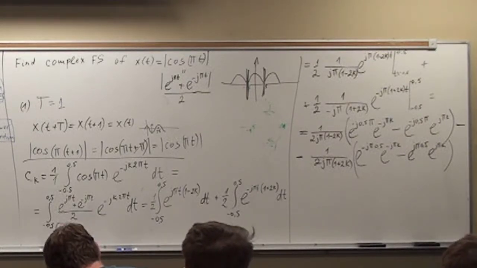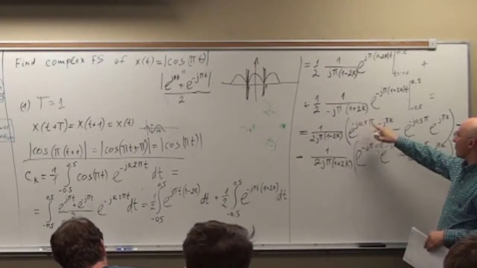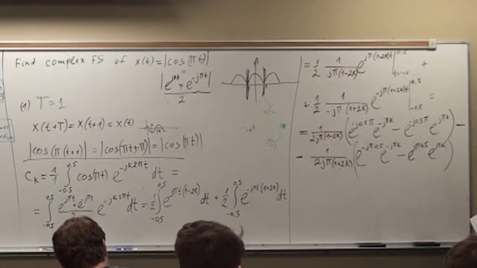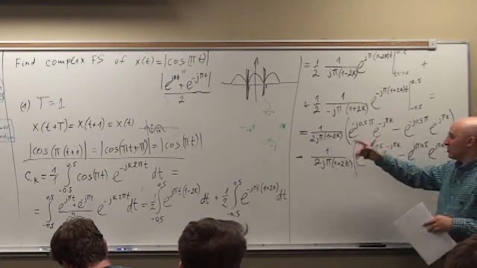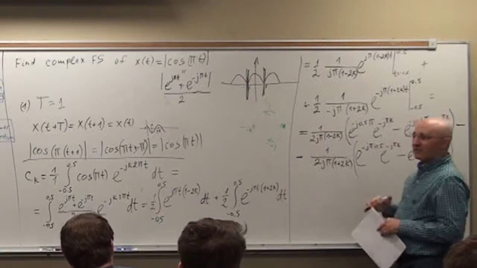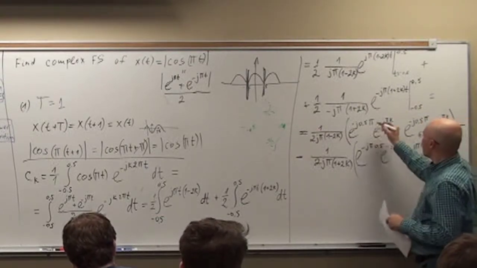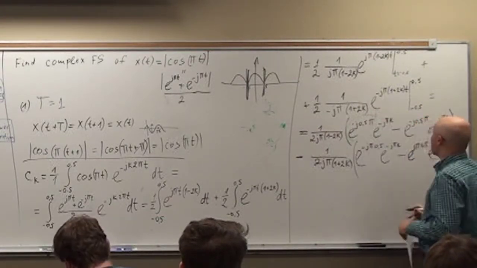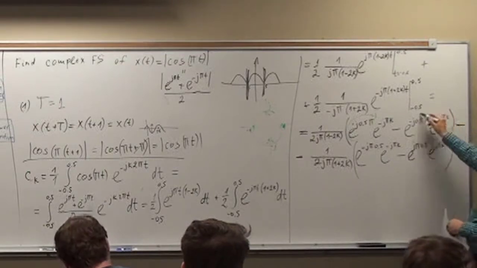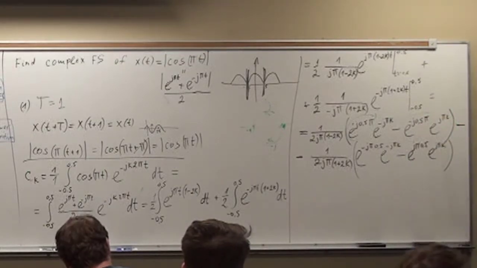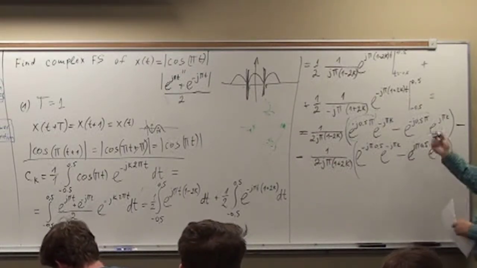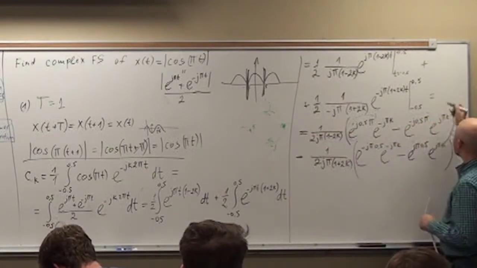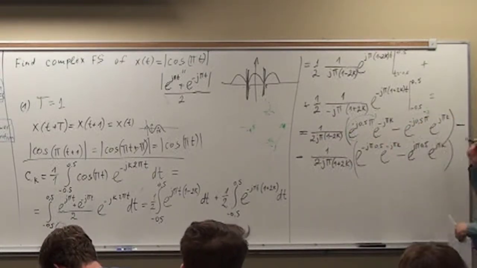Okay, now let's simplify it. So what is e to the power j 0.5 pi? It's just j. How about this one? Negative j. Minus 1. So it's a negative one, so it's minus j.